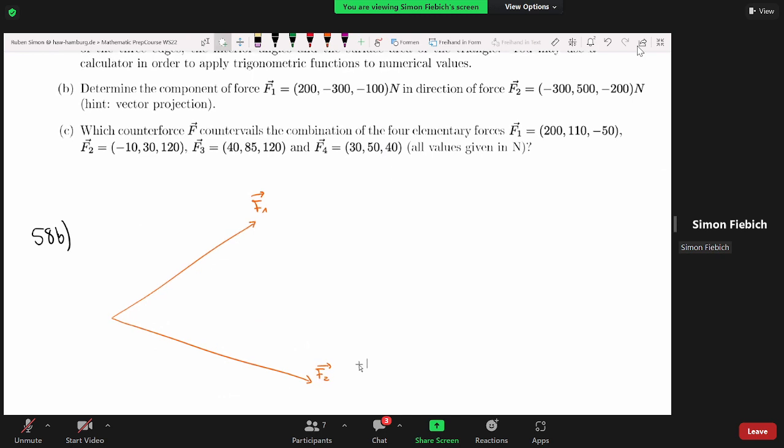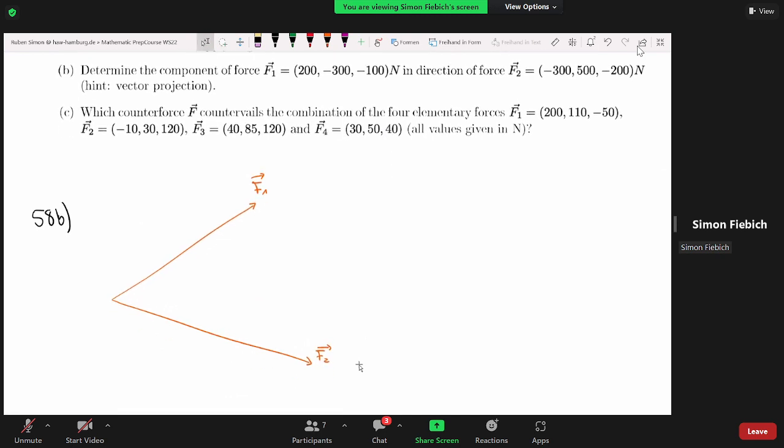So we would have to find a force in the direction of force F2. That's what the task says. So we already know that whatever we are searching for is a force component of F2.